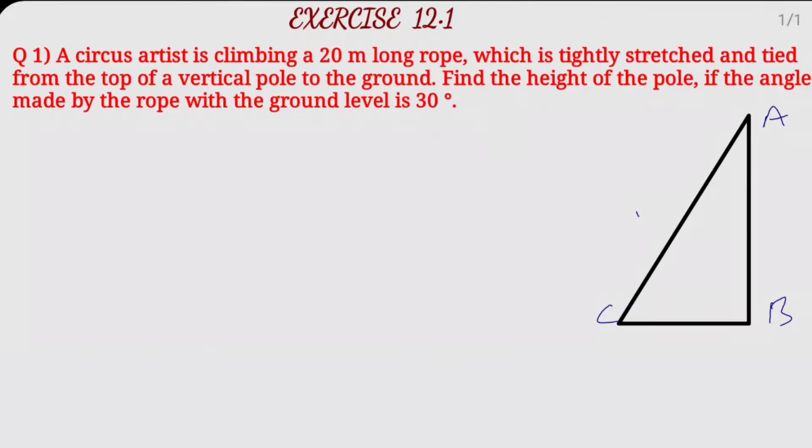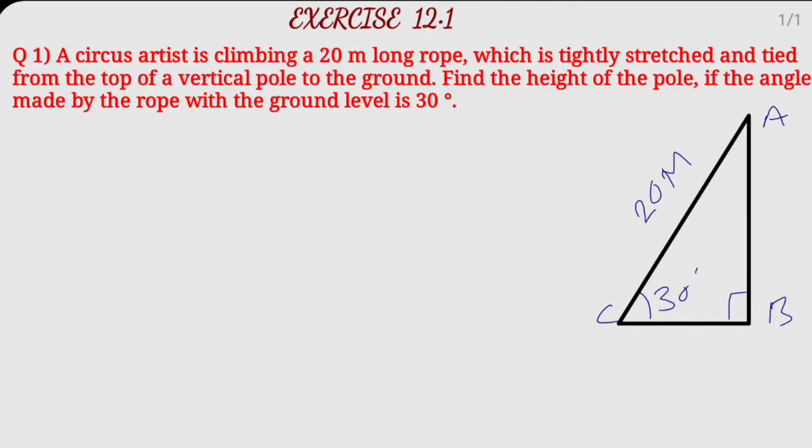The rope is 20 meter and the pole is vertical to the ground, so here they make an angle of 90 degrees. Angle B is 90 degrees and we want to find the height of the pole, and they have given that the angle made by the rope with the ground level is 30 degrees. So this angle is 30 degrees.